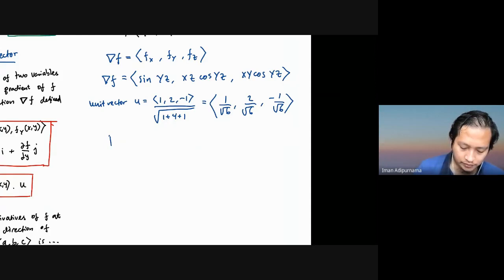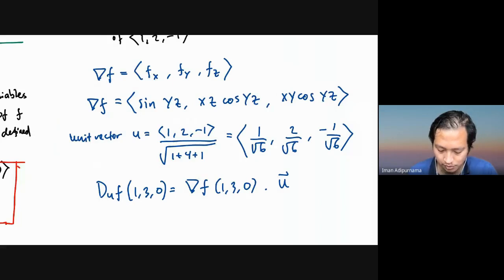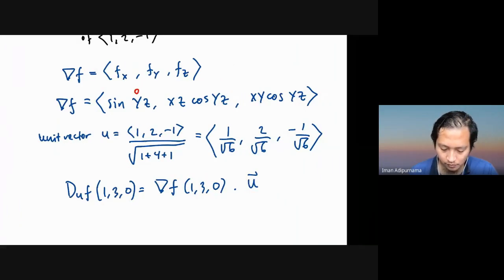And the directional derivative at (1, 3, 0) becomes the gradient dot the unit vector, right? So we can check x, y, z and put them into the equations. This is 0. This is 0, so it's 1.